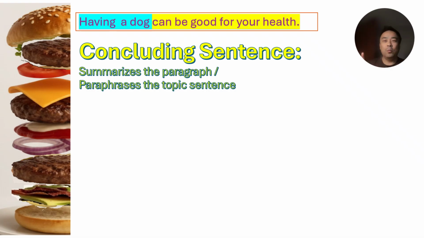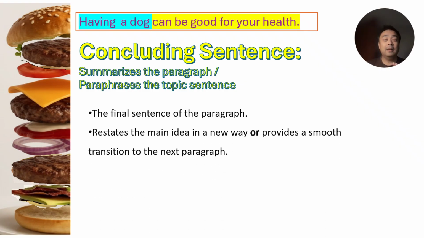Well, we want to have that other bun at the bottom because it is the final sentence of the paragraph, and basically it serves to restate the main idea from the topic sentence in a different way, or paraphrase. And if this paragraph is part of an essay of three or four or five paragraphs, the concluding sentence can help us connect, bridge to the next paragraph.